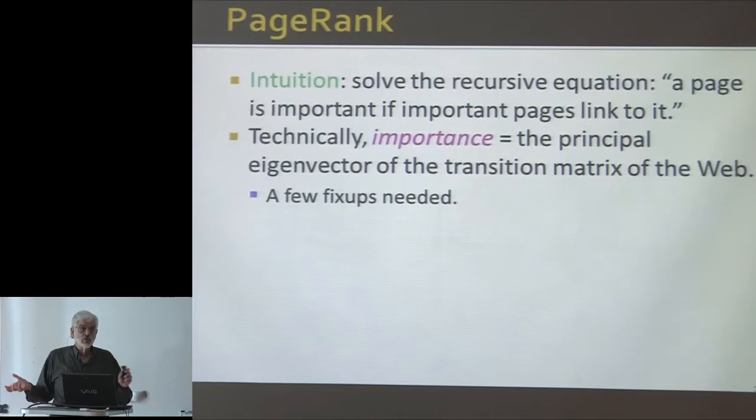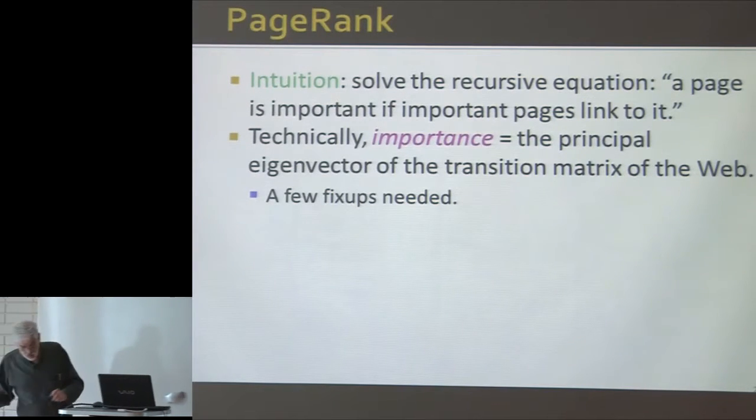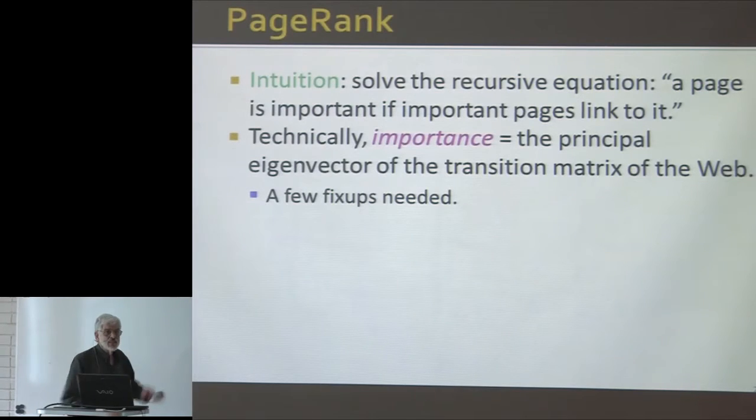Another way to look at it, which we'll talk about, is with the notion of a random surfer. You land on a random page on the web, you follow a link out of it at random, where do you wind up? Well, you tend to wind up at pages like www.yahoo.com or www.amazon.com, because the links tend to get you there.